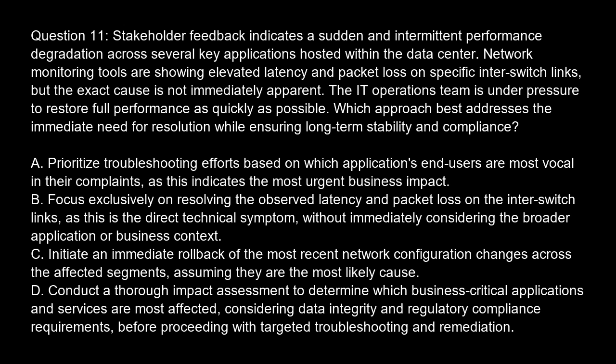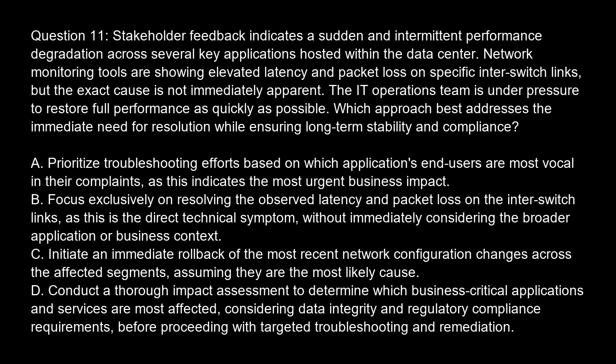Option A. Prioritize troubleshooting efforts based on which applications end users are most vocal in their complaints, as this indicates the most urgent business impact. Option B. Focus exclusively on resolving the observed latency and packet loss on the interswitch links, as this is the direct technical symptom, without immediately considering the broader application or business context.